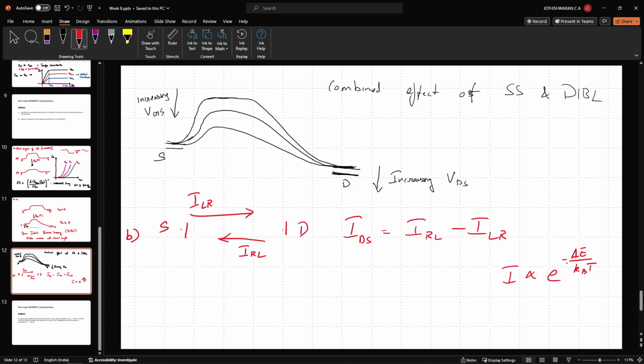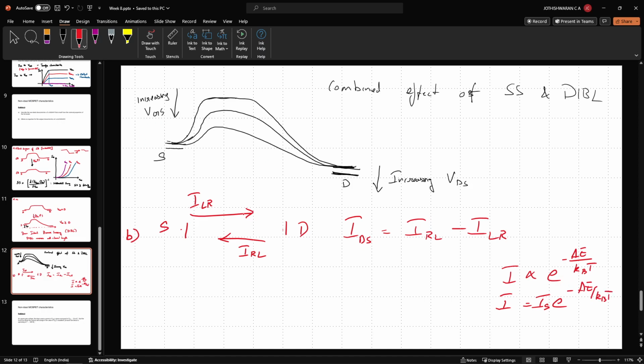This essentially comes from derivations that we do in the case of PN junctions to get the Schottky equation and so forth. So we expect this to be proportional to this. So in other words, I will say I is equal to some saturation current IS e to the power minus delta E by KBT.